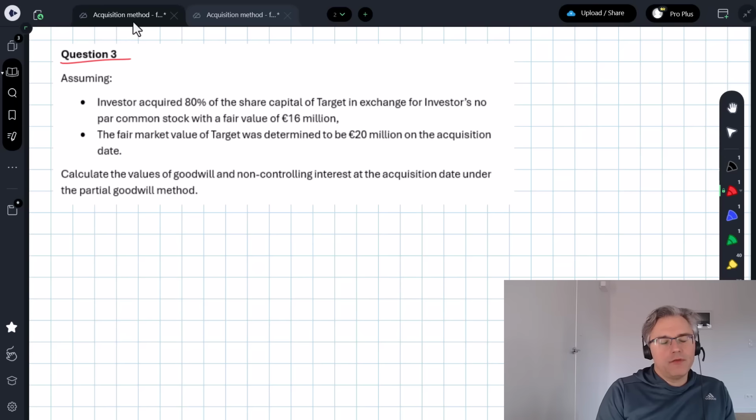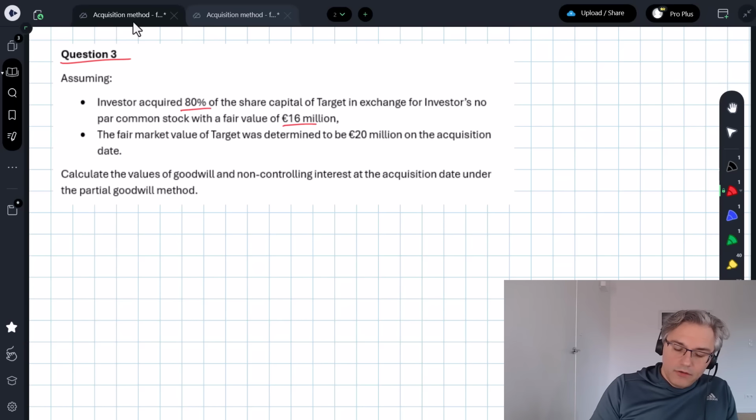This idea of not having par value just makes the accounting within equity a little bit easier. Not something you have to worry about really, but this appears in a lot of the questions in the CFA Level 2 curriculum. Those shares have a fair value of 16 million, right? And we use those shares to pay for 80% of the other company's share capital.